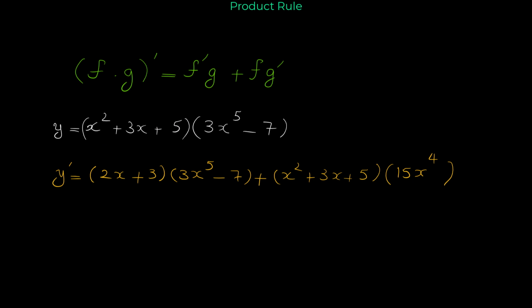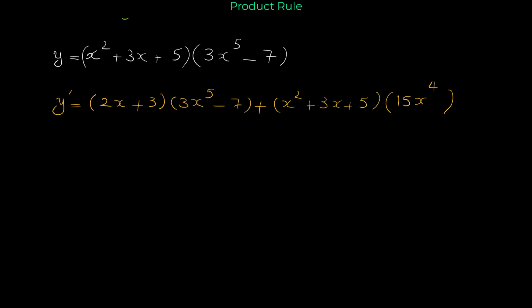Let me show you another example of how we can use the product rule. Consider this function y equals x to the 2 plus e to the x plus e times 2 minus e to the x plus x.